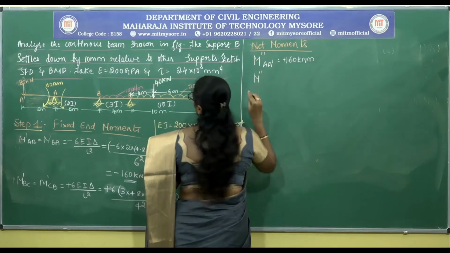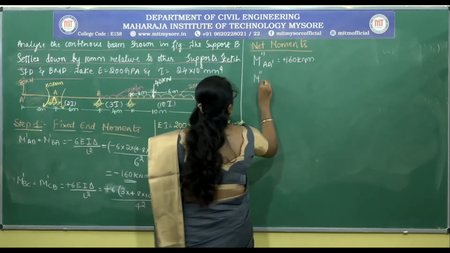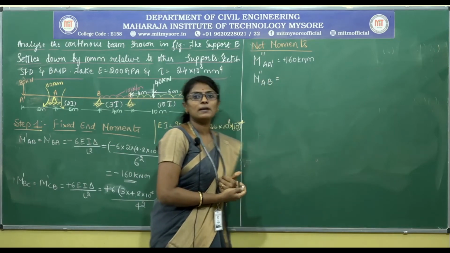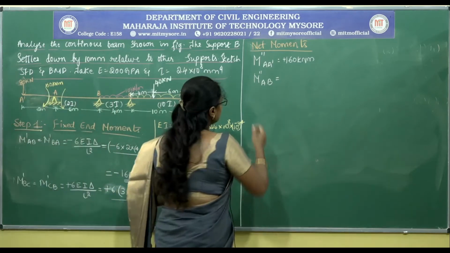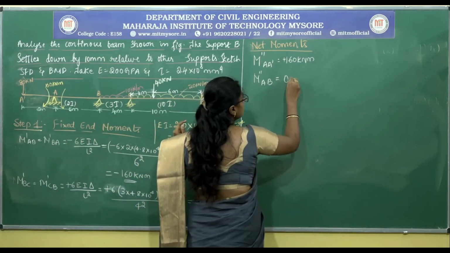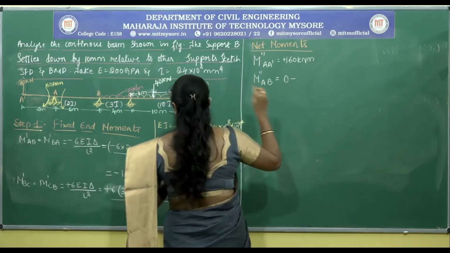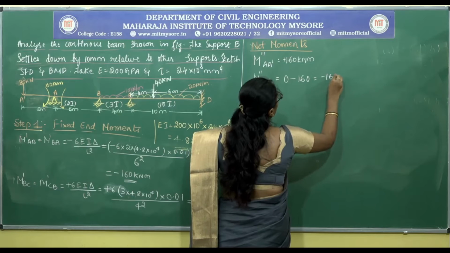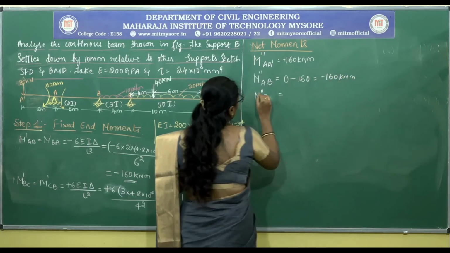Then M double dash AB equal to MF AB plus M dash AB. So since there is no load acting, MF AB is 0 and M dash AB is minus 160 kilonewton meter, which is equal to minus 160 kilonewton meter.